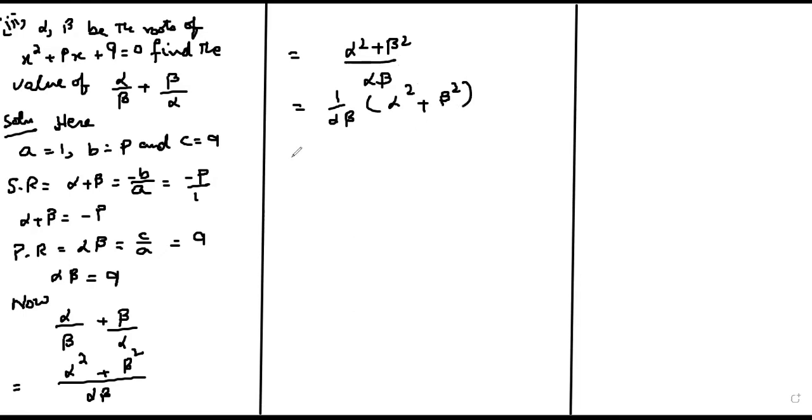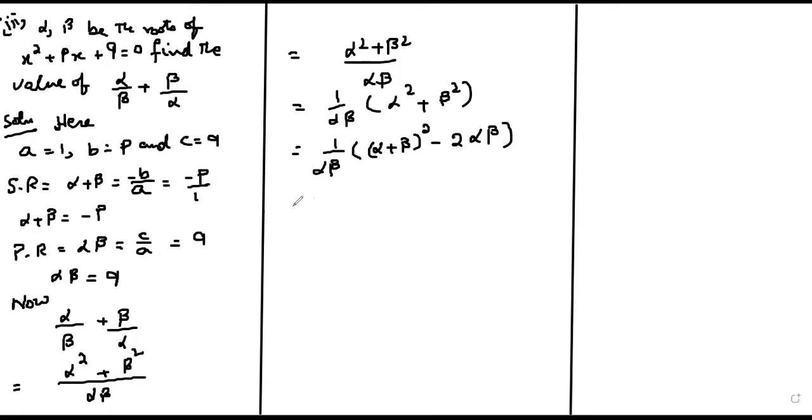Now we know the formula of alpha square plus beta square, which is equals to alpha plus beta the whole square minus 2 times alpha beta, right?